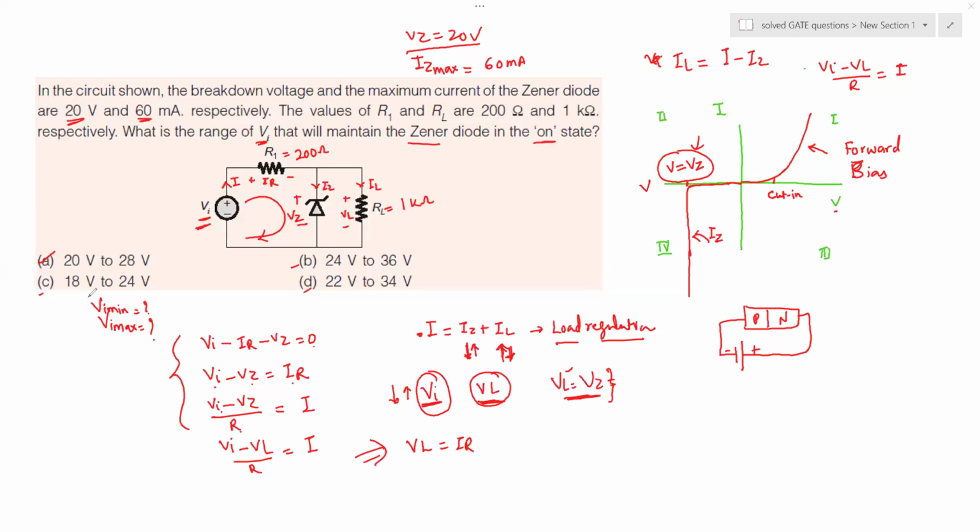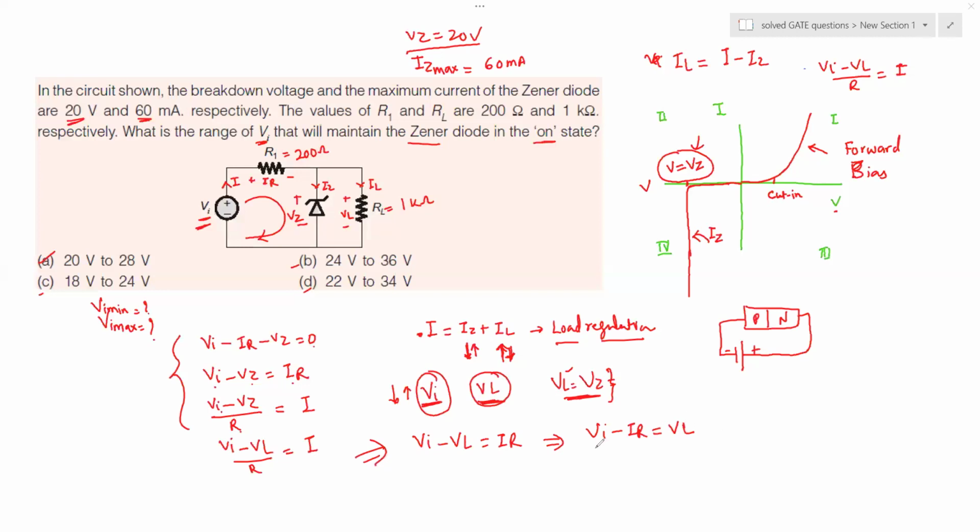Let me correct it: VI minus VL is equal to IR, and then VI minus IR is equal to VL.